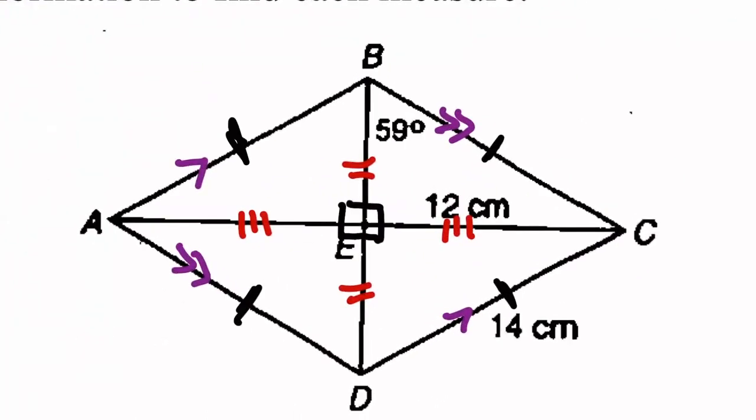So bringing it on in, this angle here is going to be congruent to this angle here. And if opposite angles in a parallelogram, and a rhombus is a type of parallelogram, are congruent, then each one of these would have to be the same. So each one of these is 59 degrees.